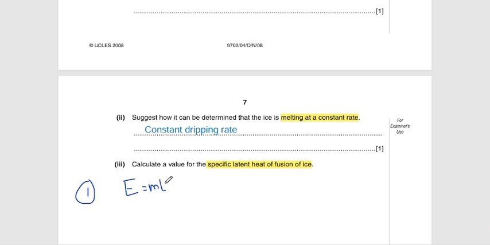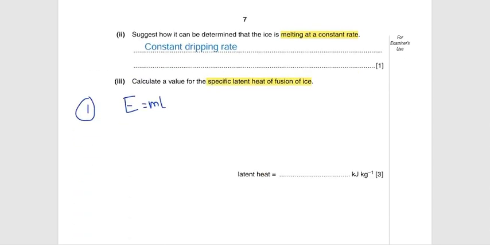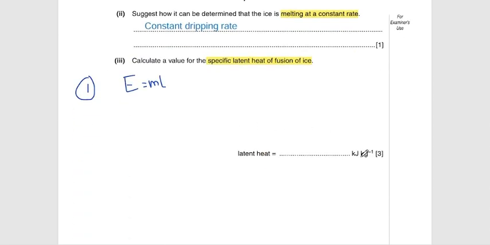The real issue is not the energy. If we go back to the table, we can see how much energy was supplied. It was 18,000. I need to see what units they're asking. They're asking for kilojoules, so I have to write 18 instead of 18,000 to convert joules into kilojoules. So now my problem is mass.